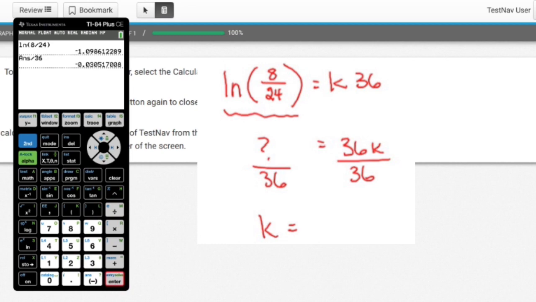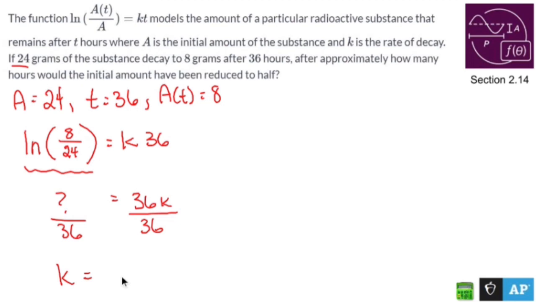And our k is going to equal negative 0.030517. Then it was like 008, but I'm going to stop right there. We'll use all of those numbers until we hit that double zero, just to keep things as accurate as humanly possible.